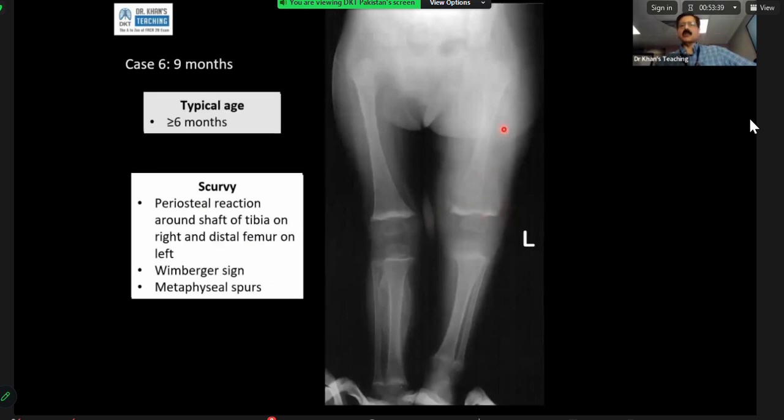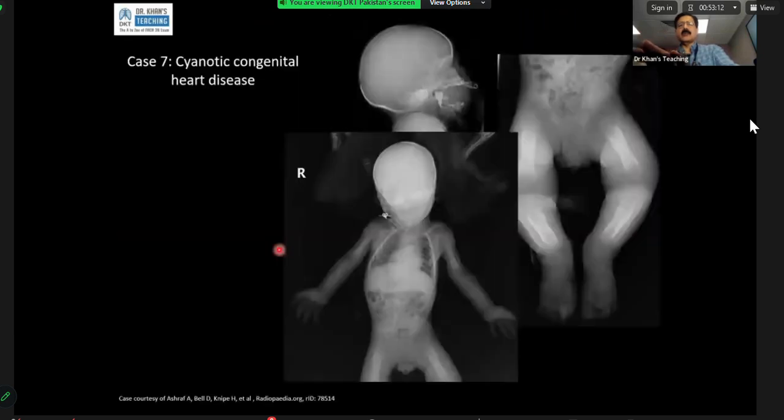So periosteal reaction will occur along the shaft, and this will be subperiosteal bone reaction, and it can happen within days, like this. And if you see here, this is the Wimberger sign, and there are other signs of scurvy also. So these can be your pertinent negatives when you are dealing with a case in your exam. So this was scurvy.